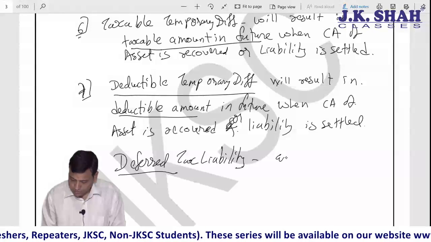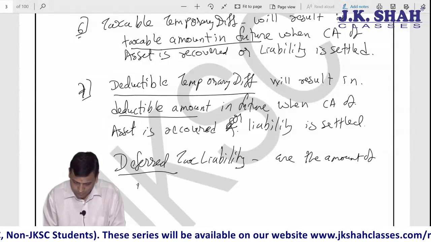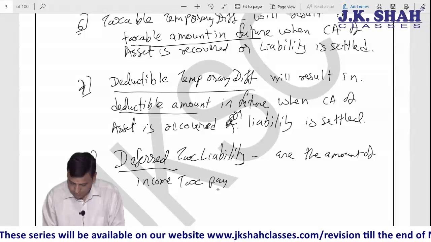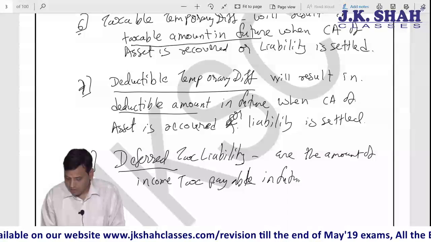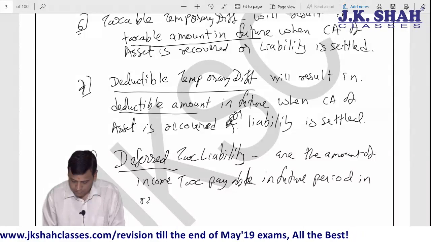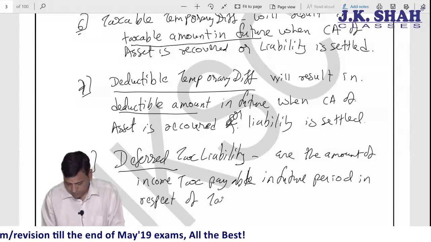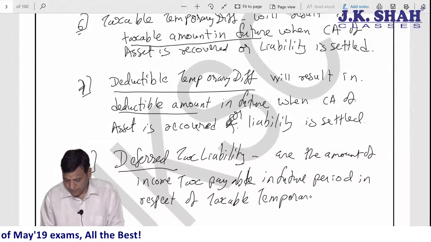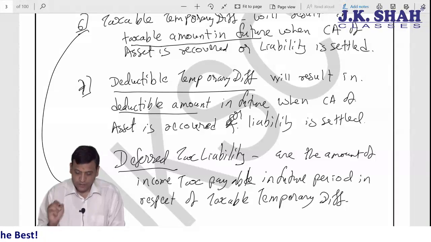These are the amount of income tax payable in future period in respect of taxable temporary difference. So we are linking here.